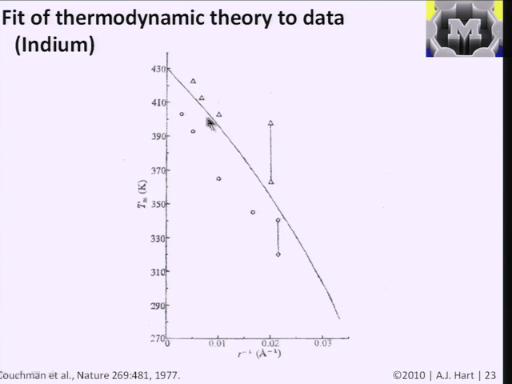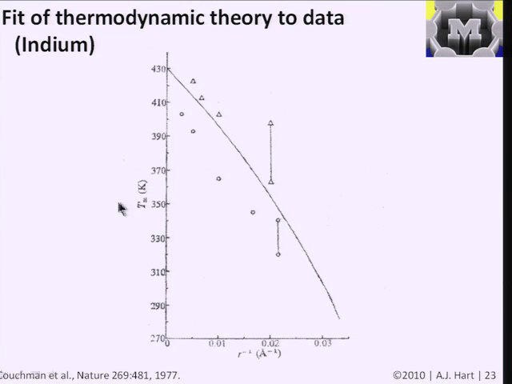And I forget what the different circles and triangles here mean, but you can see that generally this decrease is observed. In this case, it's plotted versus the inverse radius. So this means smaller particles going to the right, and the temperature is decreasing from the bulk melting point to a much lower melting point as the particles get smaller.